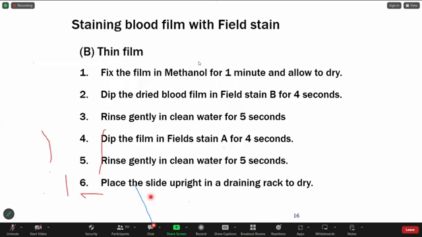The Field staining technique for thin film is the reverse of the staining technique for a thick film. In other words, after fixing the thin film with methanol and allowing it to dry, we start staining with Field stain B.